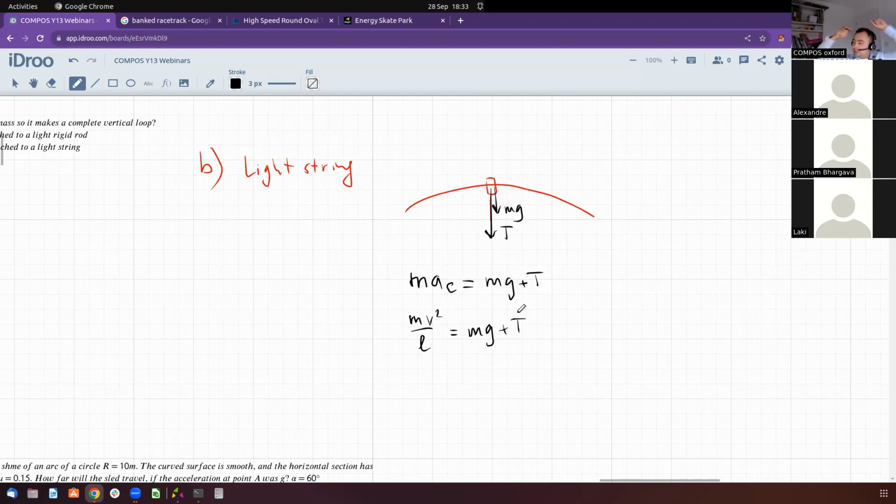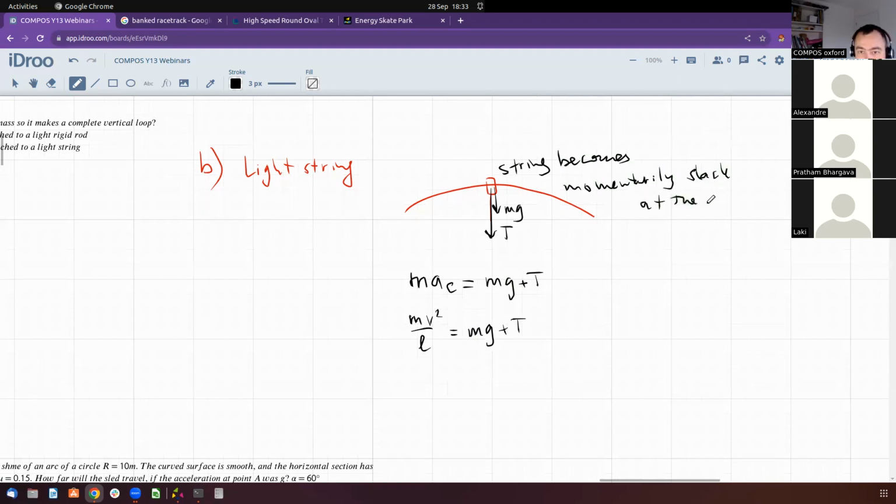But if you are talking about you need to barely make it, so at the top, the string is going to be momentarily slack at the top. That's the minimum. That indicates you have the minimum speed. So basically, you lose the tension.